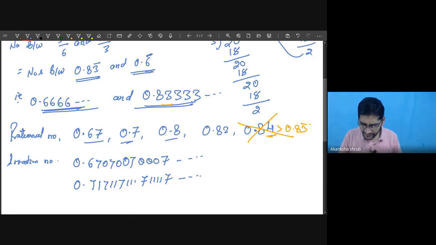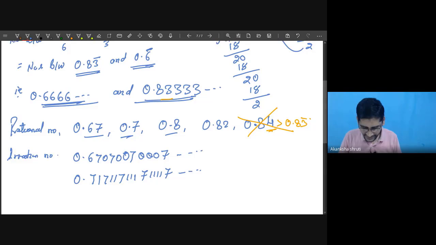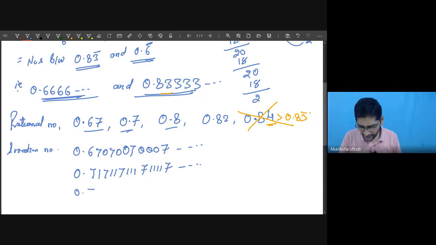Students, even both of them can be varied. The other one 0.71, 7711, 777111, 77771111. Go on. So all of these are what? Non-terminating.